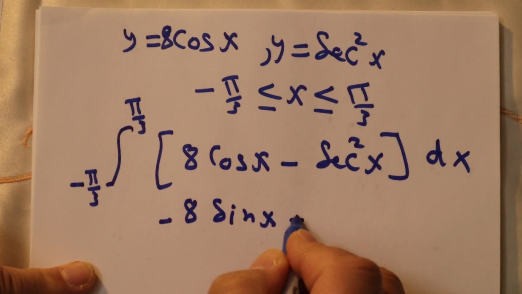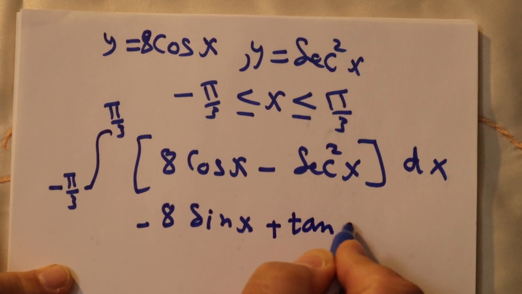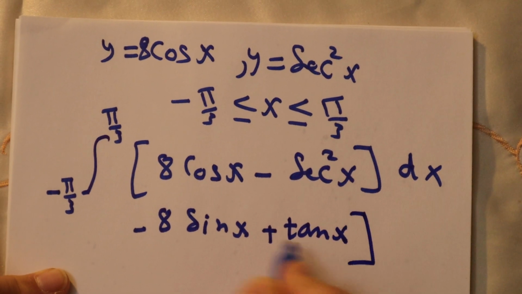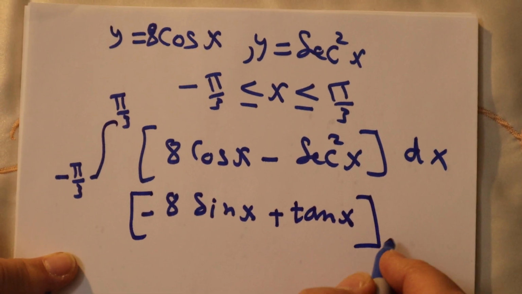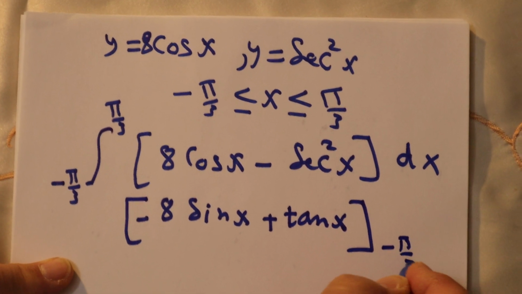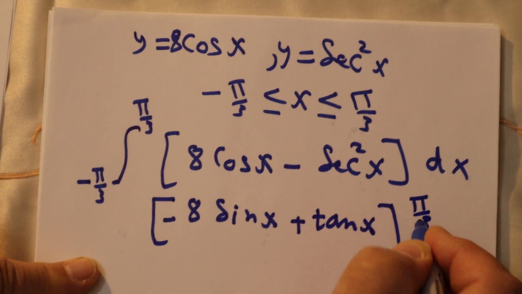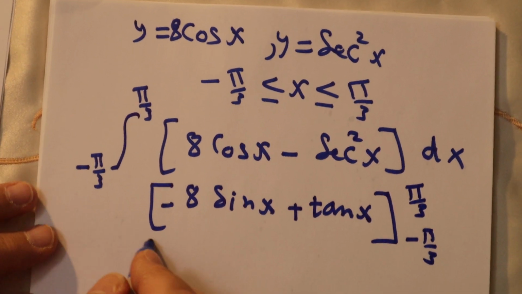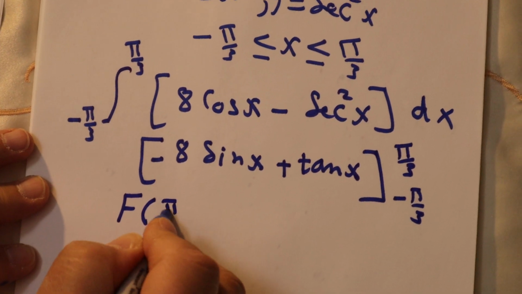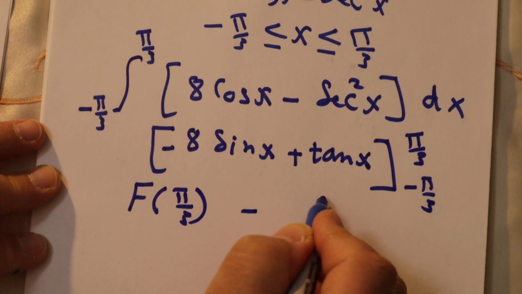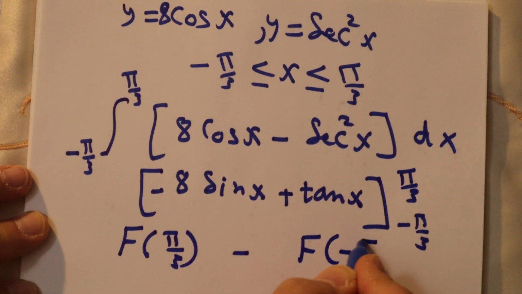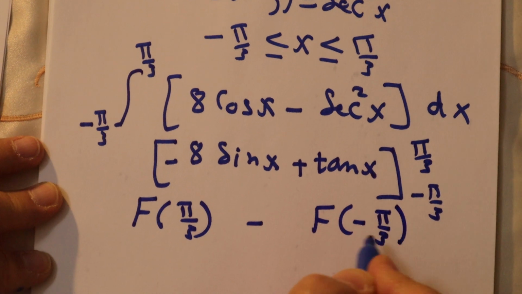So it will be minus tangent x, and it's from negative pi over 3 to pi over 3. So we'll do that here: F of pi over 3 minus F of negative pi over 3.